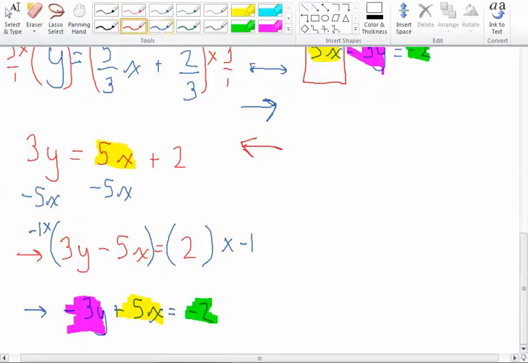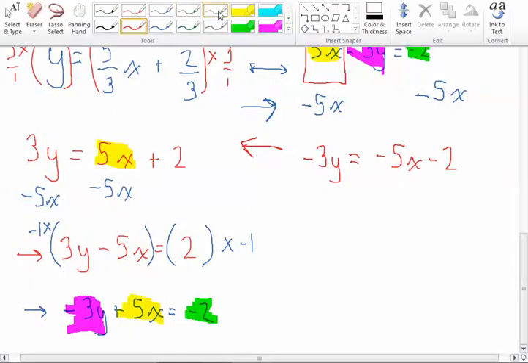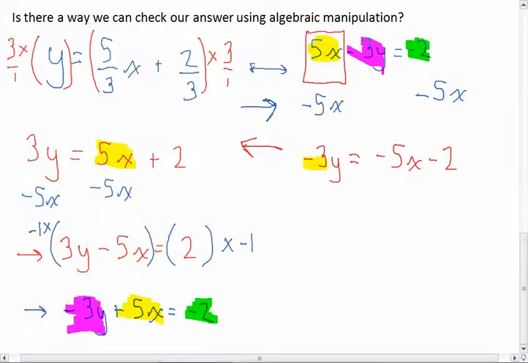So what do I have to do to both sides to get rid of that entire term? Subtract. Because to get rid of an entire term, we use subtraction, or addition if it's a negative. So we're going to get the following. I'm going to have negative 3y left on the left-hand side, and I'm going to have negative 5x take away 2.